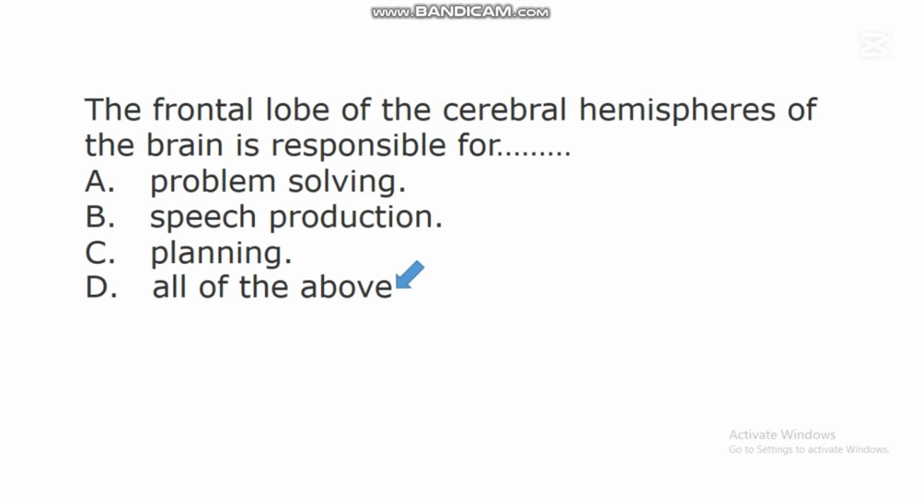The frontal lobe is responsible for different things such as problem solving. It helps in speech production, it helps in planning and other decisions that human beings make.